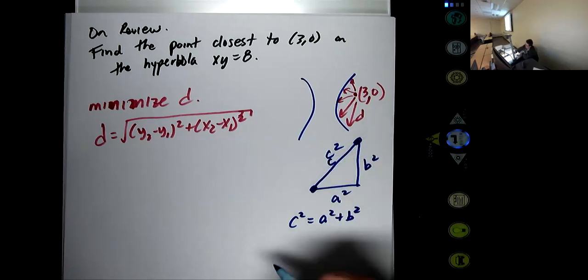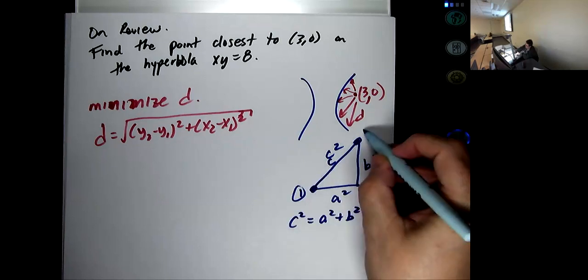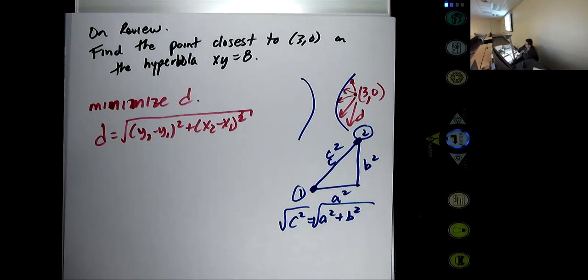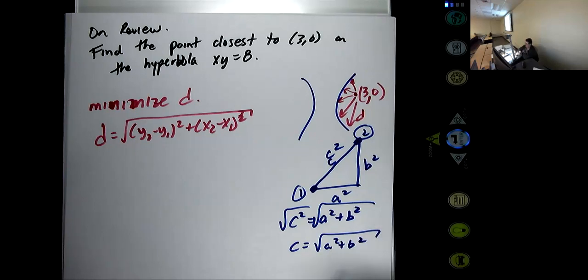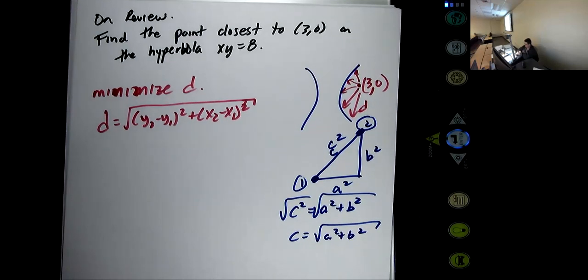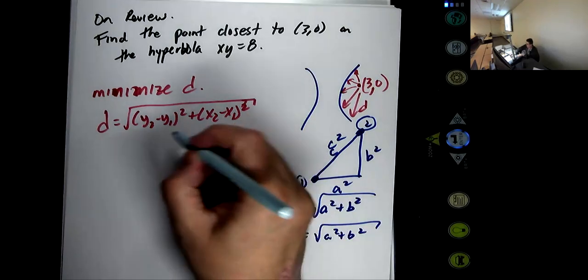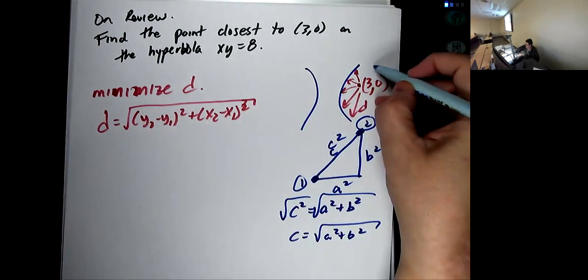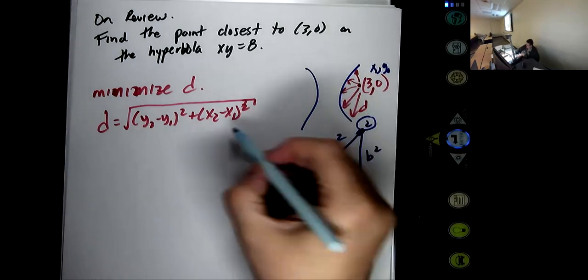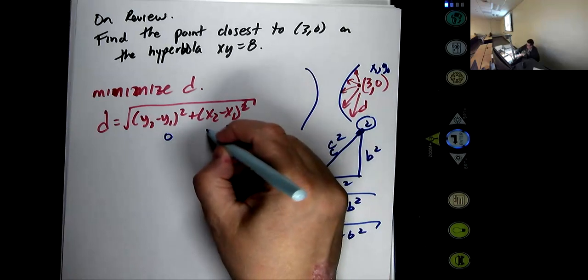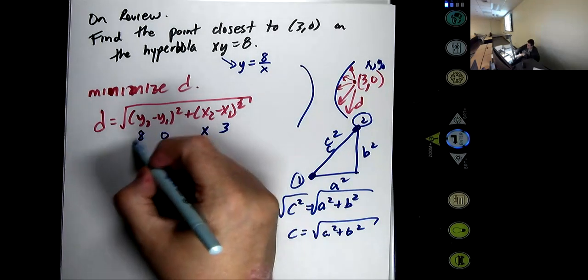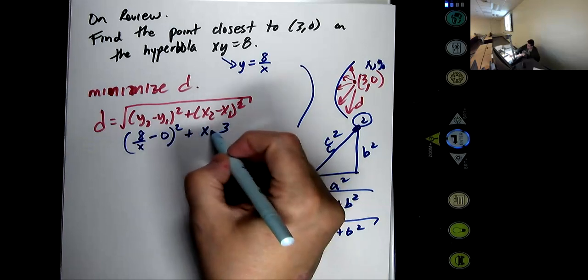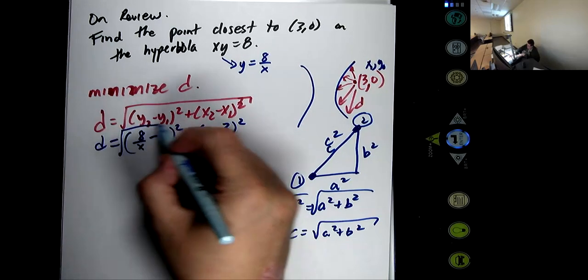So the length of c, the shortest distance between point 1 and point 2, is the square root. And at this point, I would use this as x1, y1, and say this is 3 and 0. I don't know what my x is, but I can solve this in terms of y, and y equals 8 over x. I would do 8 over x right here. And I would say I'm trying to minimize that.